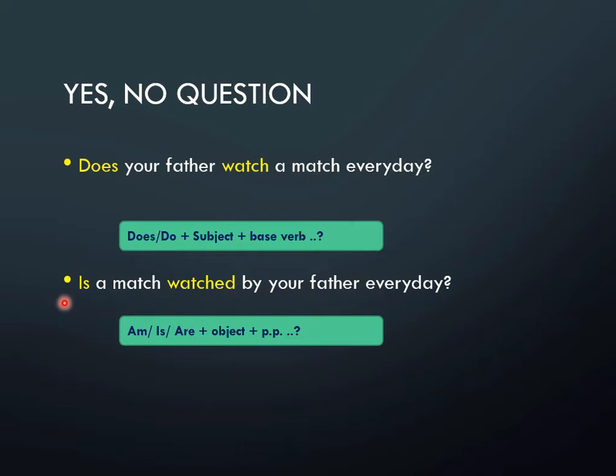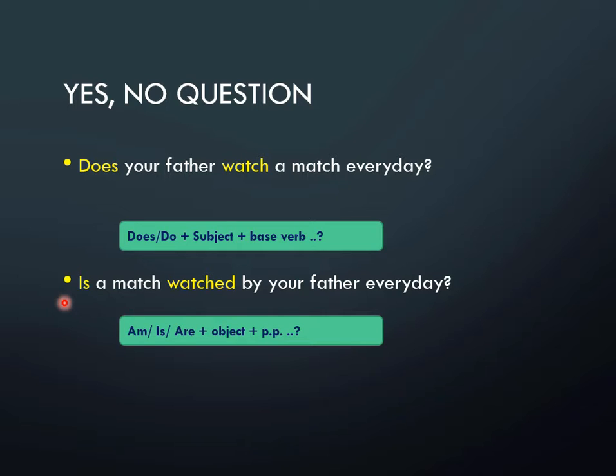What is the structure we should follow to make a question in the passive voice? In the present simple, we should put am, is, are. After that, we write the object, then we write the PP, and if we would like to mention the subject, we write it at the end with by, okay?